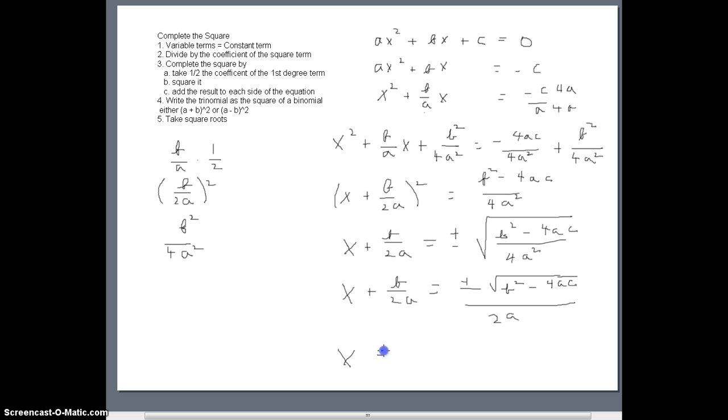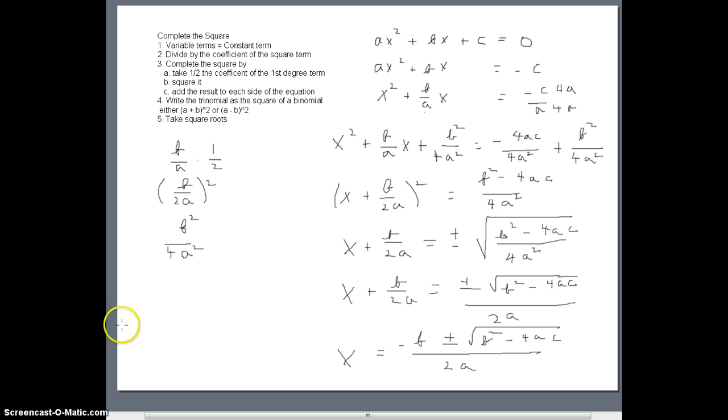Since it has a common denominator, I'll write it as negative b plus or minus the radical square root of b squared minus 4ac, and all that over the common denominator, which was 2a.